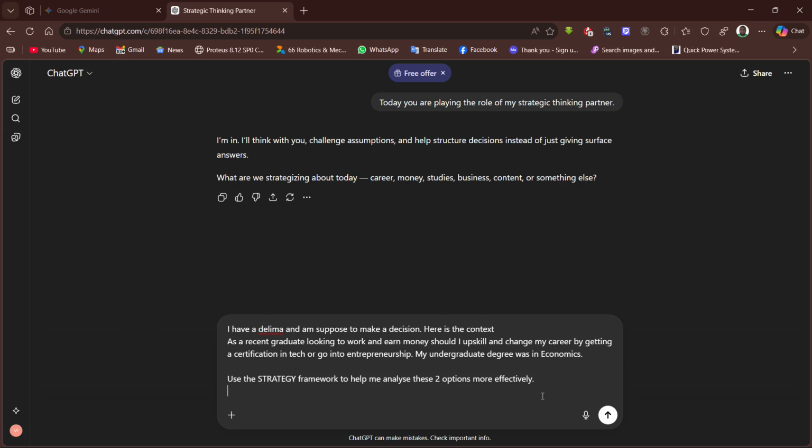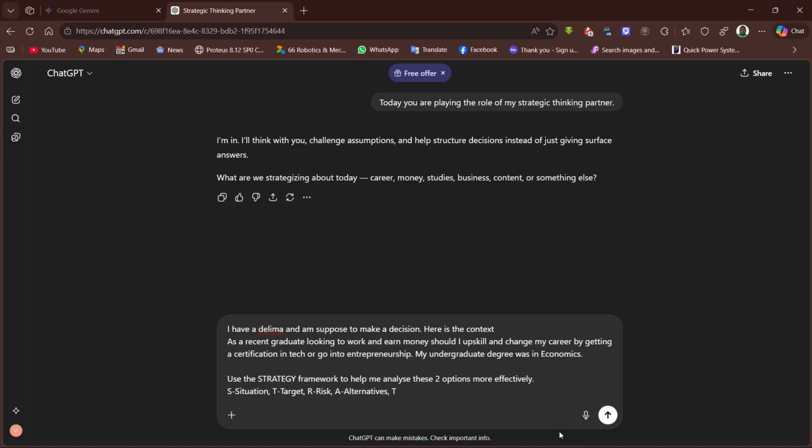Now I'm going to come over here and then I'm going to define the strategy framework. S for situation, T for target, R for risk, then we have A for alternatives.